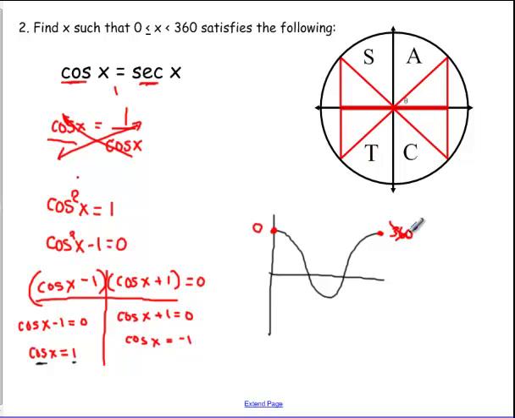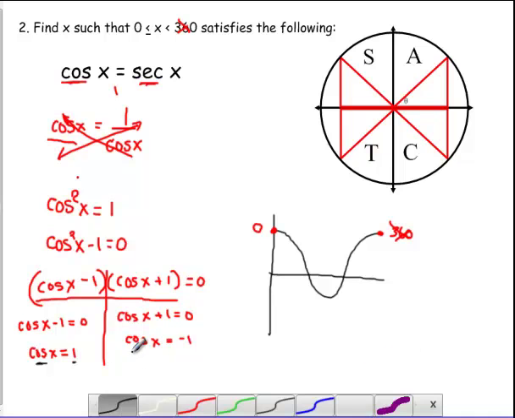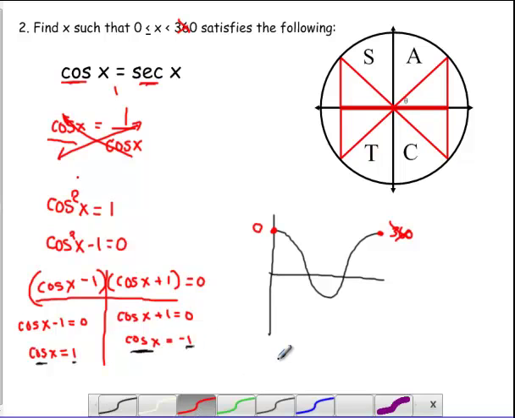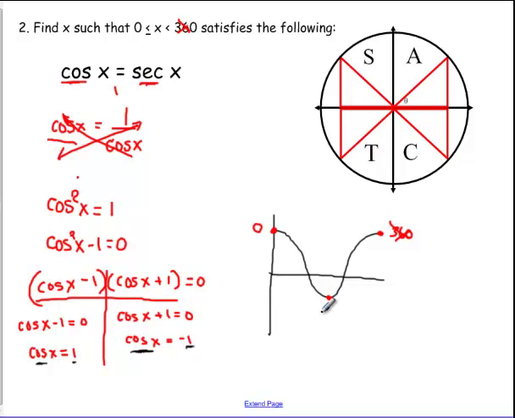But once again, we're going to reject 360 because my problem says I can go up to but not including 360. All right, and the next one says, where does my cosine wave hit a negative 1? My cosine wave hits a negative 1 right here at 180. Oh, so there's only two answers to this problem: 0 and 180.